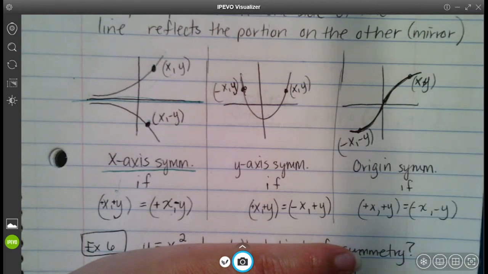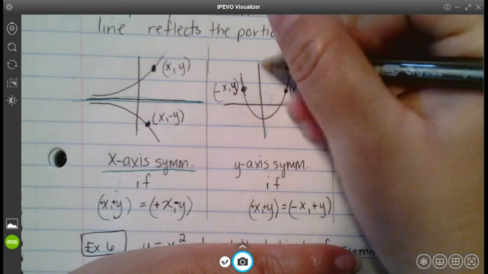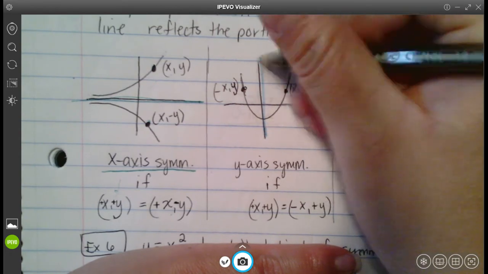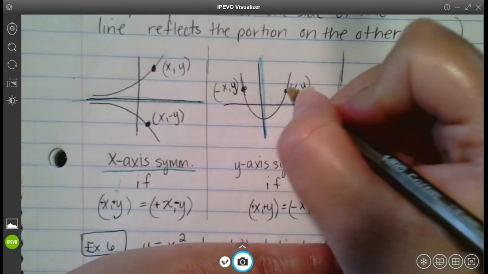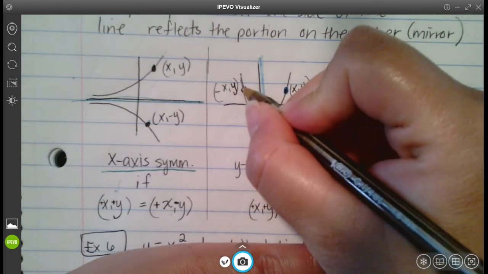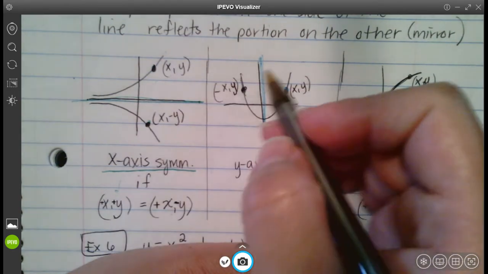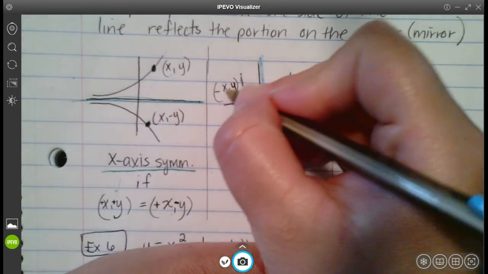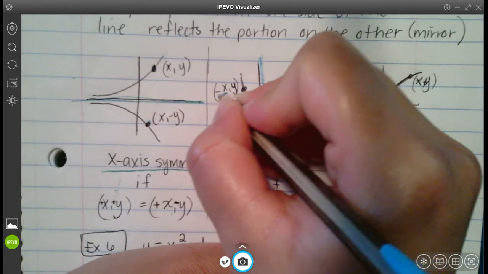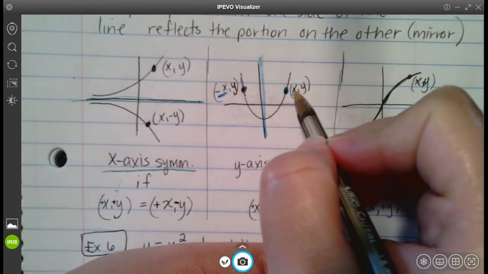With y-axis symmetry, we have a fold over the y-axis. So now you're thinking a vertical fold, okay? And everything on this side, the right side, is reflected over to the left side. If this happens, you can see that the x value is the one that changes this time. So the x value is negative here and it's positive here, but the y values will be the same.